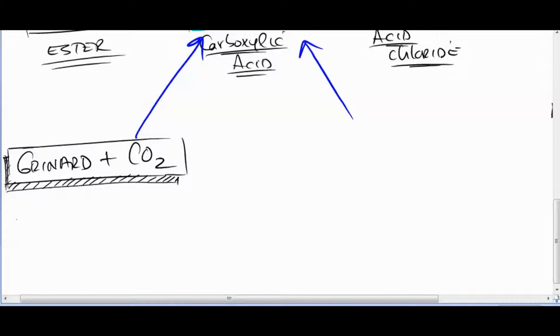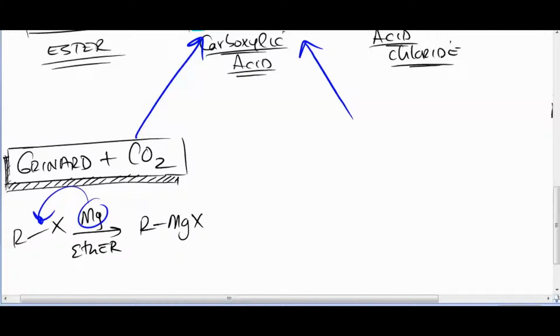So we're going to start off with some kind of alkyl halide, some RX, and we're going to react it with Mg ether. This is the reaction that produces the Grignard. So this guy here just slots in here, and we produce the Grignard.